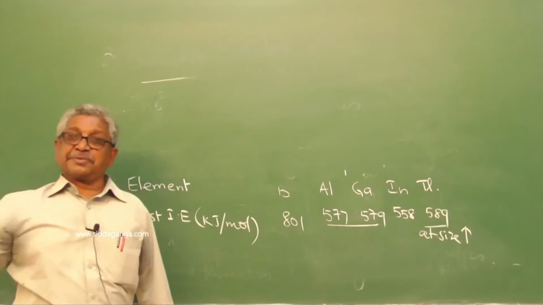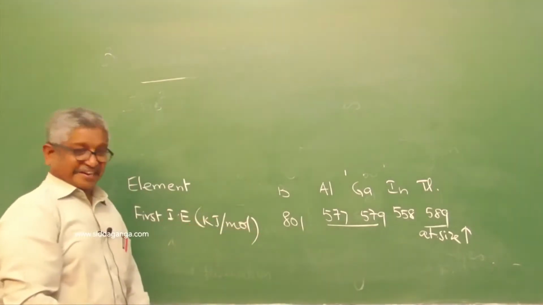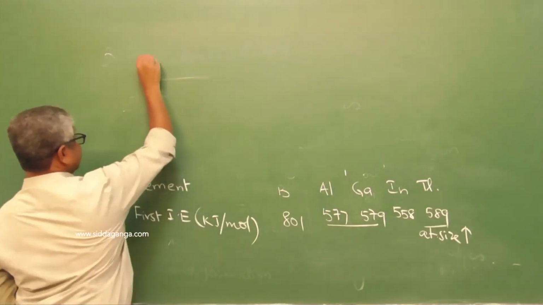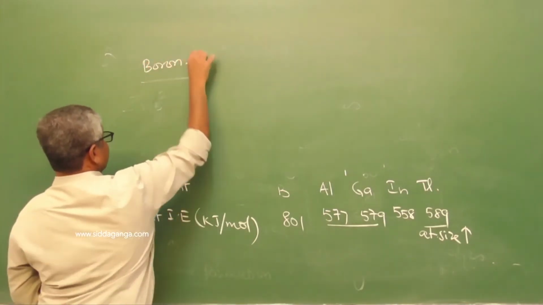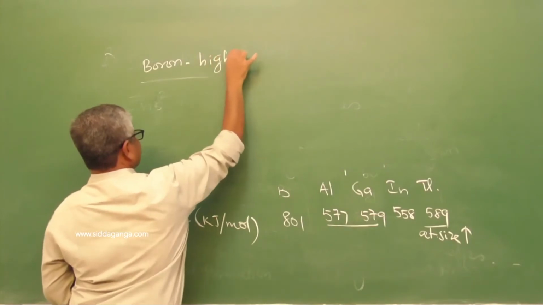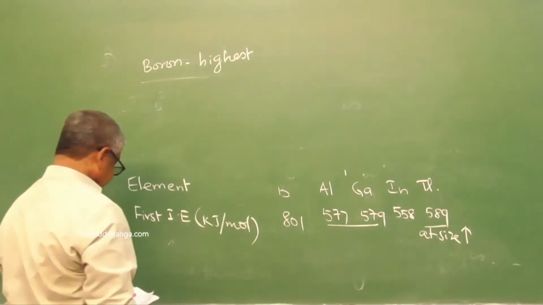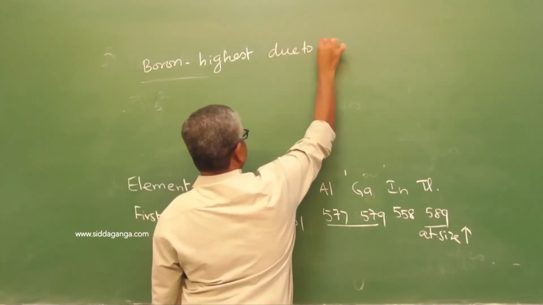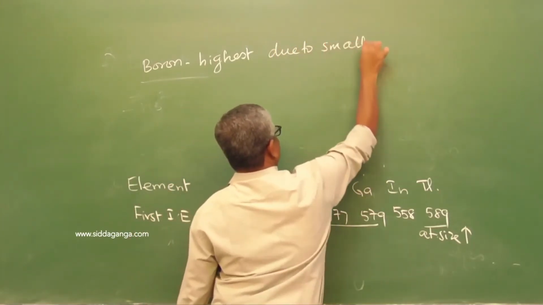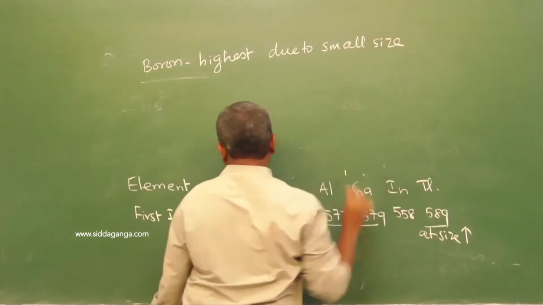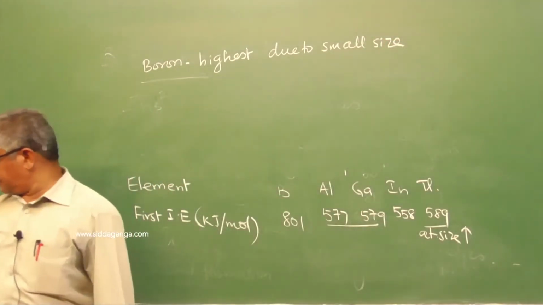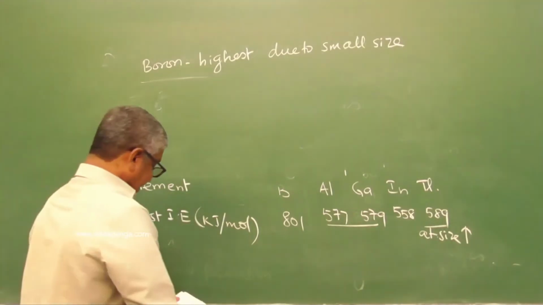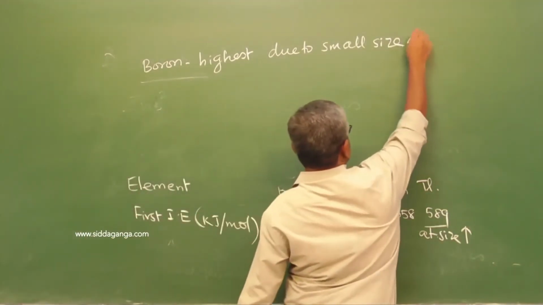The point to be remembered on ionization enthalpy: boron has the highest value due to small size and lowest shielding effect.